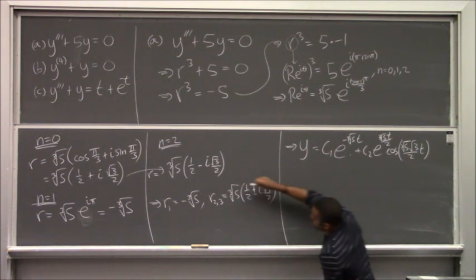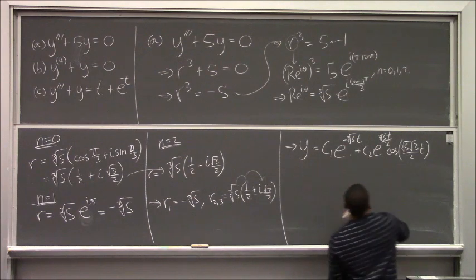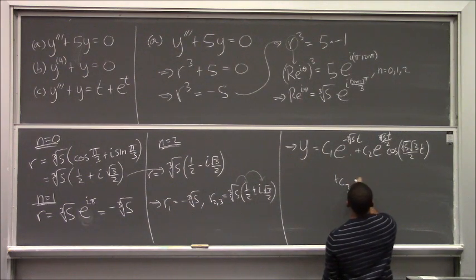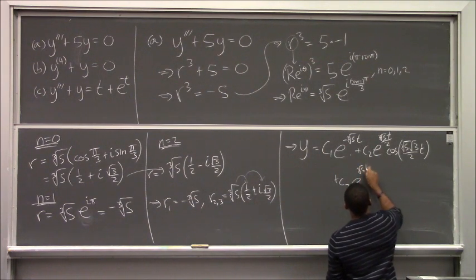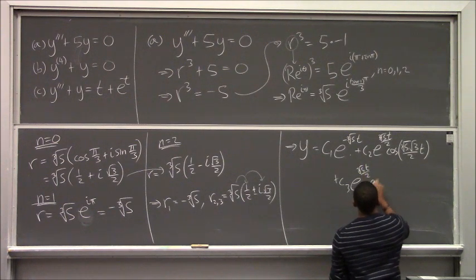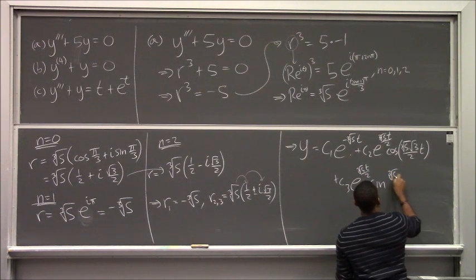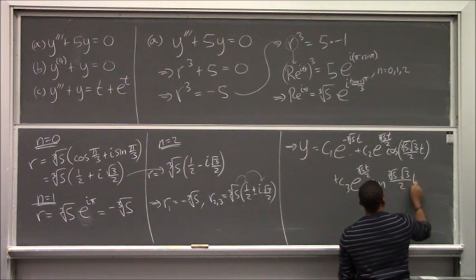Right, because I'm multiplying these up. Plus c3 e to the cube root of 5 t over 2 sine of the cube root of 5 times root 3 over 2 t.